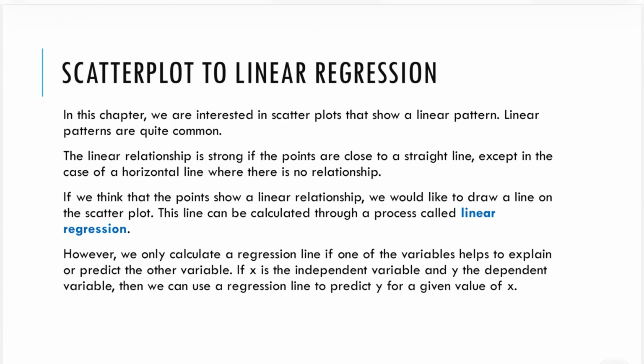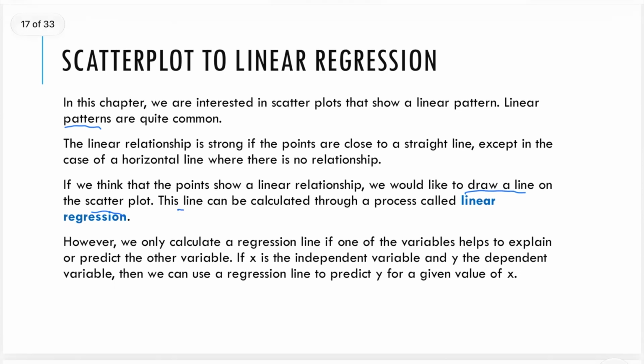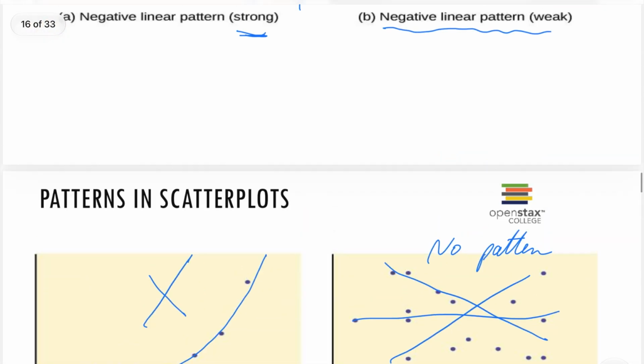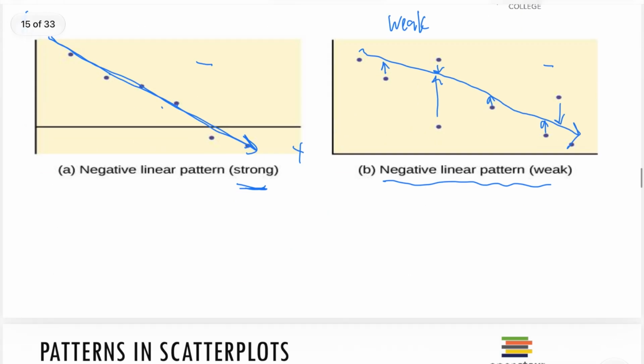So linear regression, you can find out what the pattern is. So when we draw a line on the scatter plot like I did, that could be calculated through a process called linear regression. You really don't get your ruler out and try to do this. We can use some tools for that.